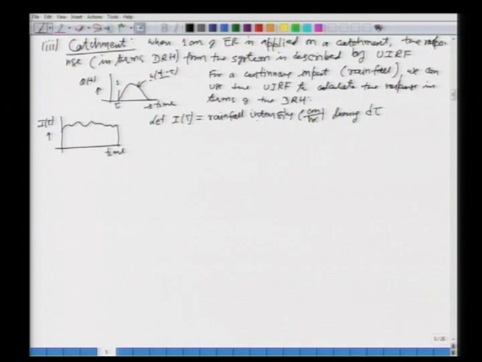So I(tau) is the rainfall intensity during some very small interval d tau, which is an infinitesimal time interval.